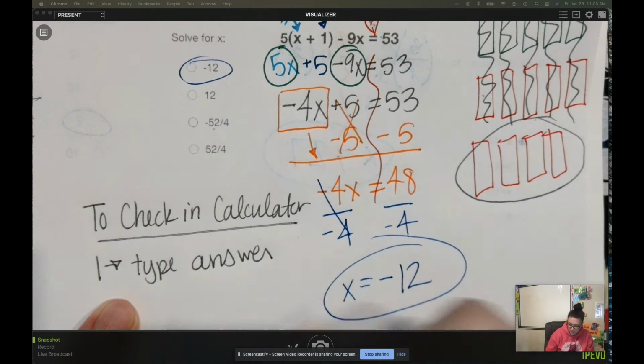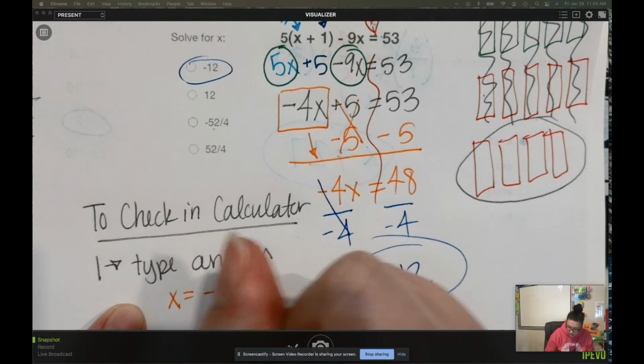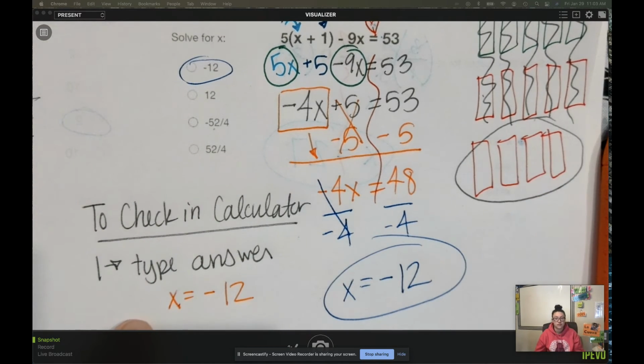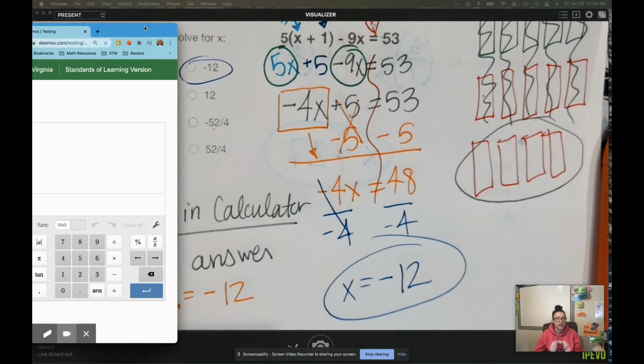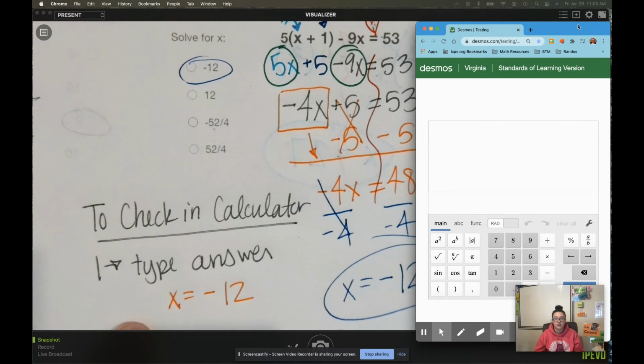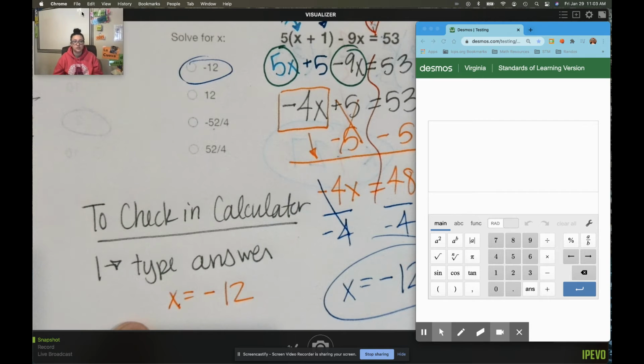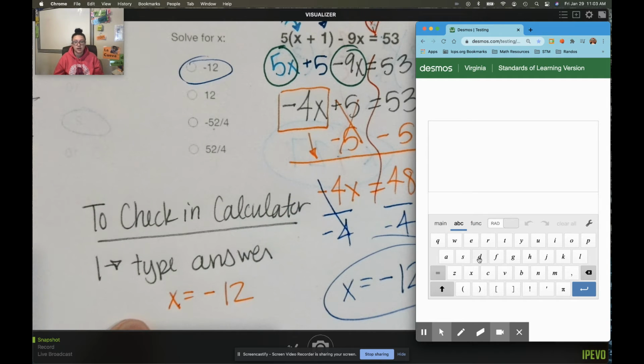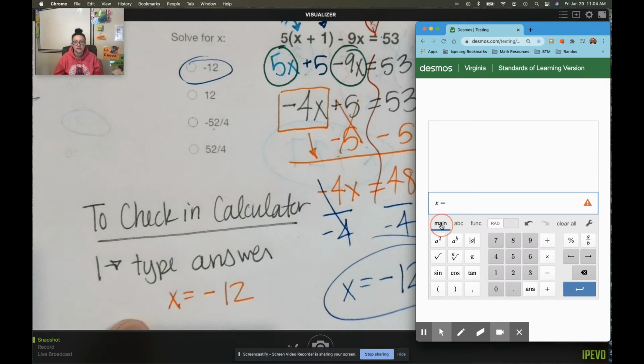So for this problem, I'm going to type in x equals negative 12. If you don't have a keyboard, click that ABC button and you'll see your variables there. So I want x equals negative 12. X equals negative 12. And I hit return.